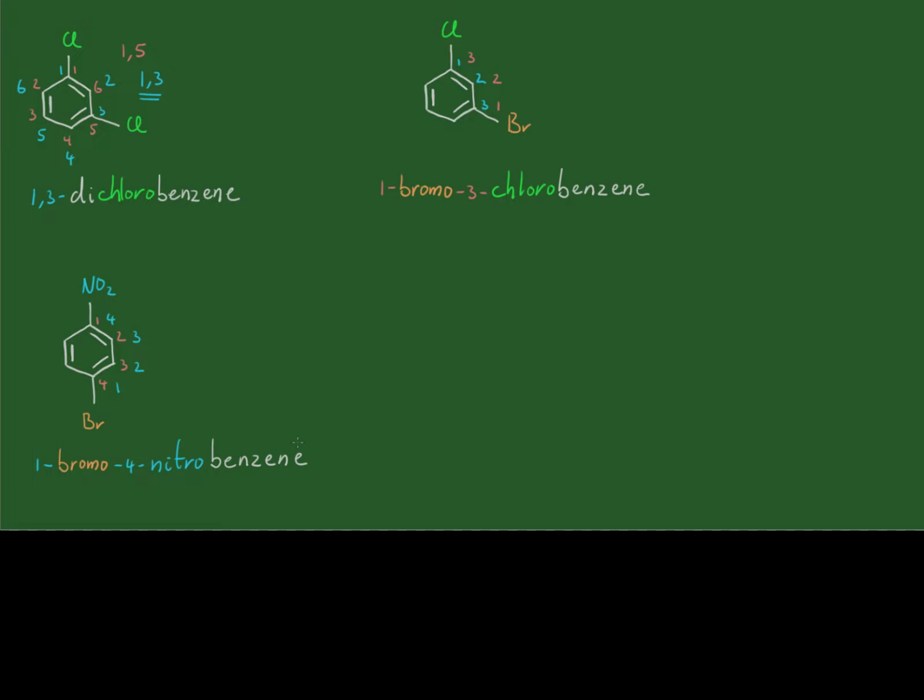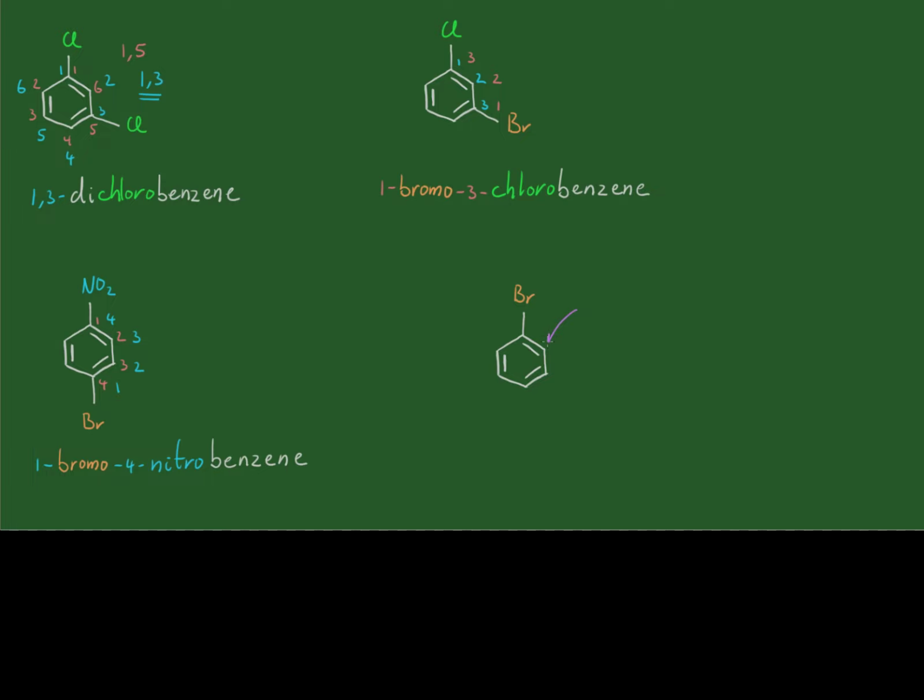Instead of using numbers, we can also use letters to designate the relationship between two substituents. What do I mean by that? Well, let's bring the aromatic ring. So here's the aromatic ring, and I'm going to put in one substituent first. Let's make it bromo. With respect to bromo, I'll do a different color.